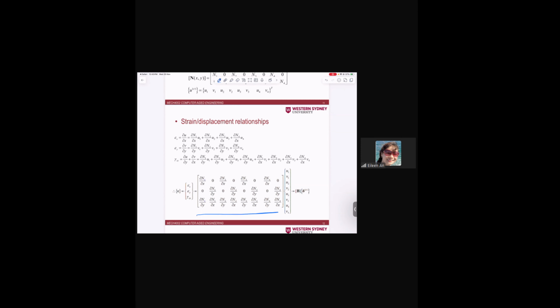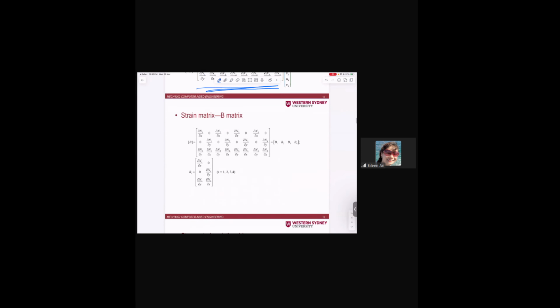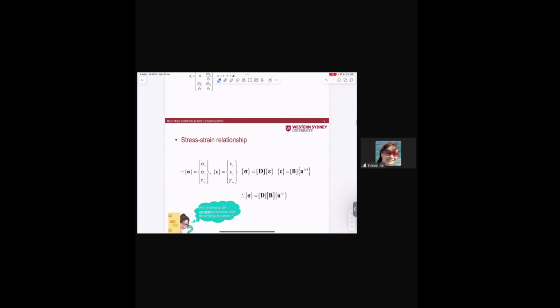In that case, we need to use the B matrix. B matrix multiplied by the node displacement matrix, we can get strain. And to calculate stress, easy. We just need to use the material matrix multiplied by strain. Then we have the stress.